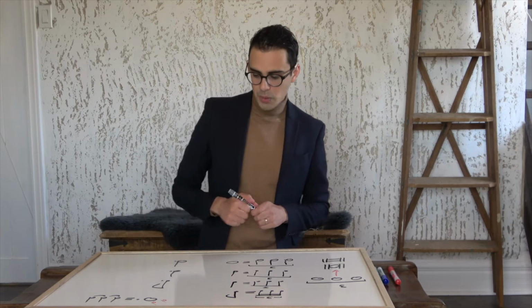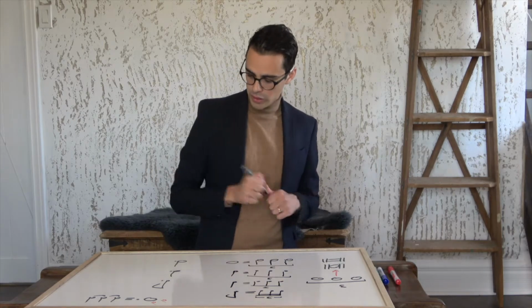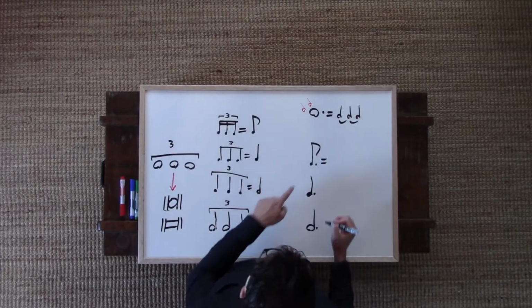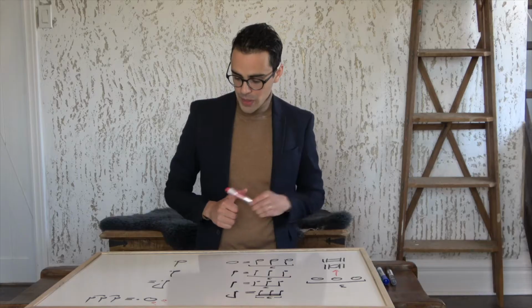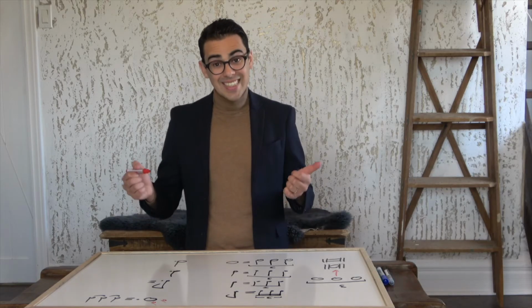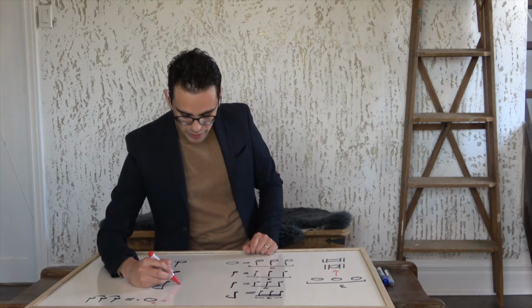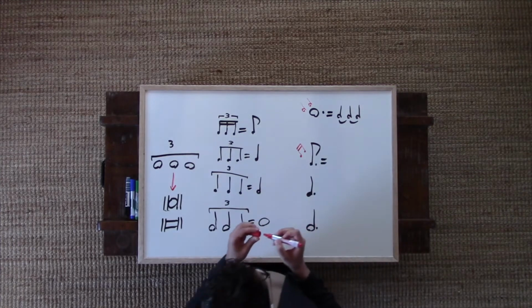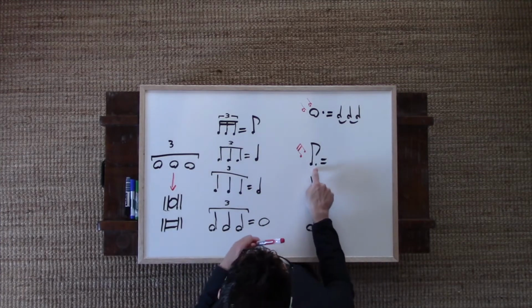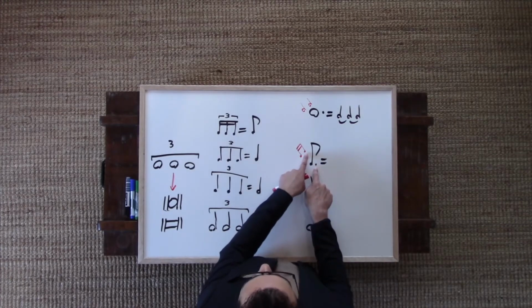Let's look at this symbol. I'll say it again. A dot is half of whatever came before it. So in this case, let's figure out what half of an 8th note is. Half of an 8th note is a 16th note. So there are 2 16th notes in this 8th note. There they are. I wrote them down so you can see. And since this dot is half of whatever came before it, this dot represents 1 16th note.